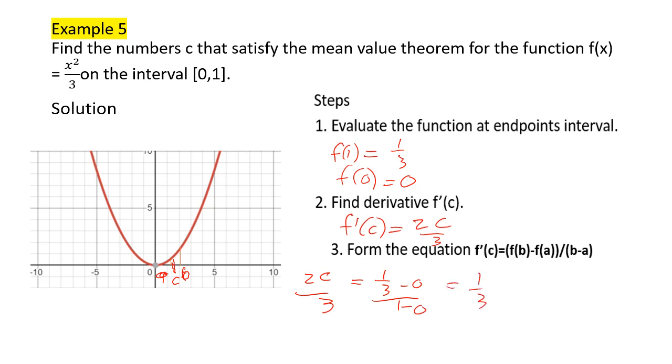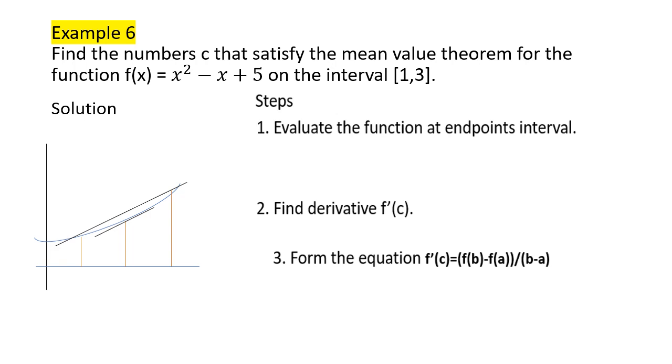So 2c over 3 equals 1/3, and c equals 1/2. This means c is in between 0 and 1, so it satisfies the mean value theorem.